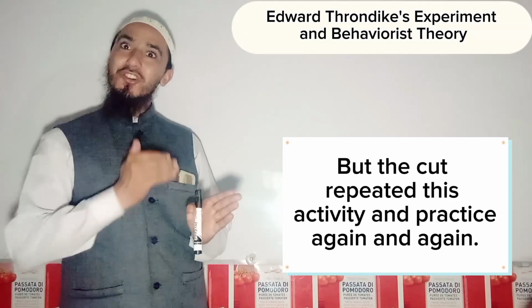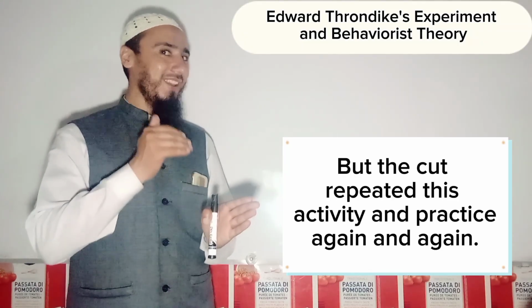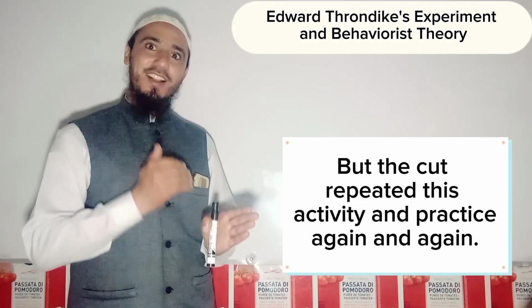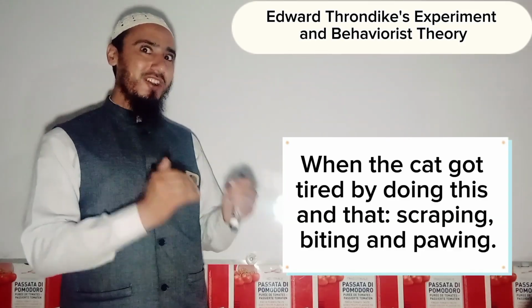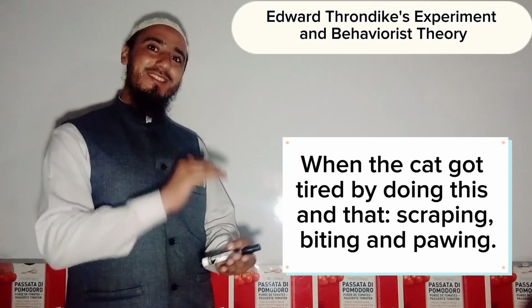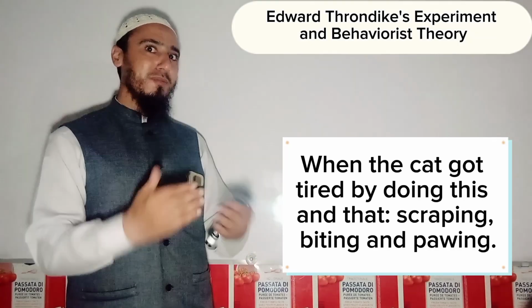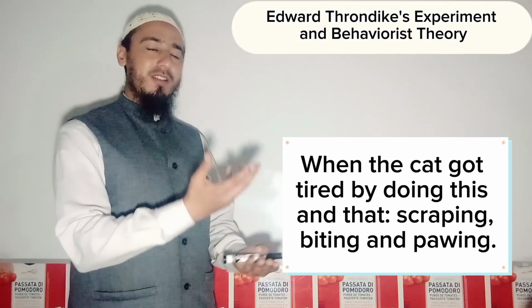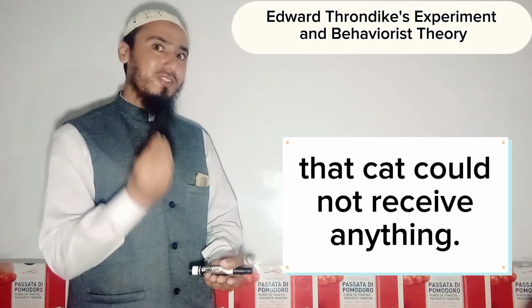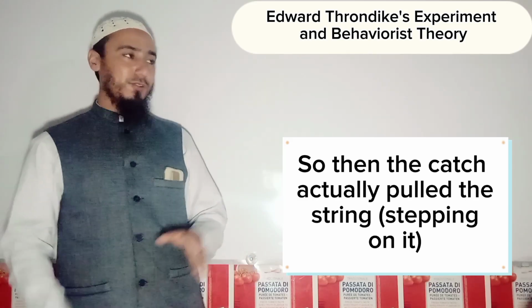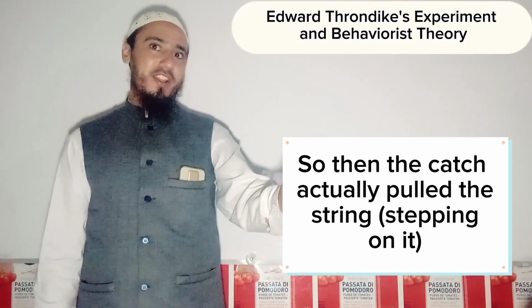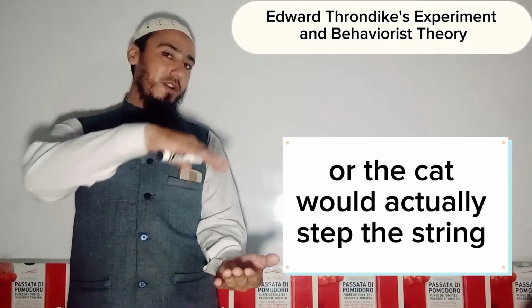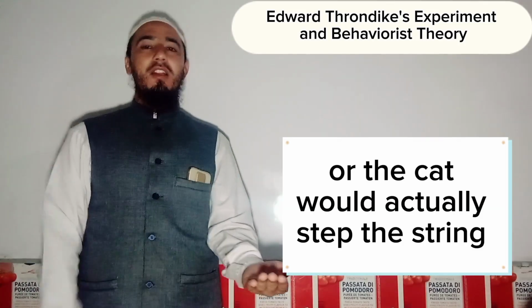But the cat repeated this activity and practice again and again. When the cat got tired of doing this and that, scraping, biting, and pawing, and couldn't receive anything, the cat actually pulled the string, or stepped on the string.